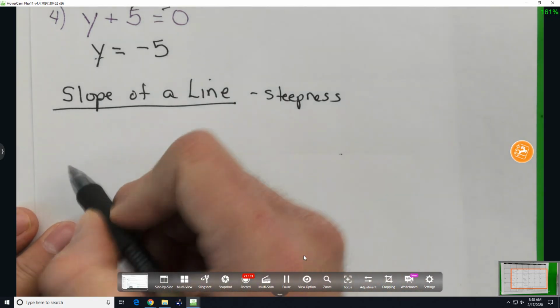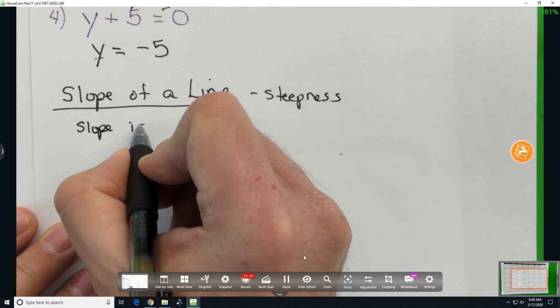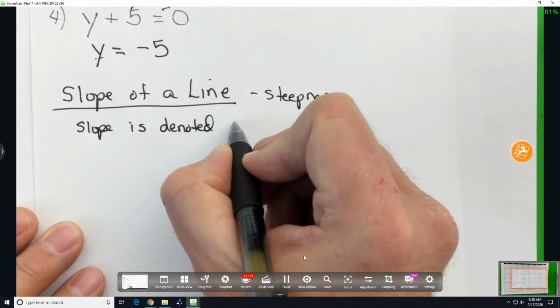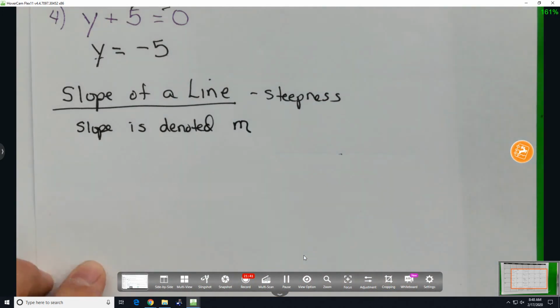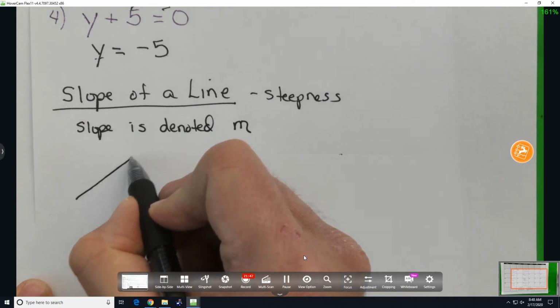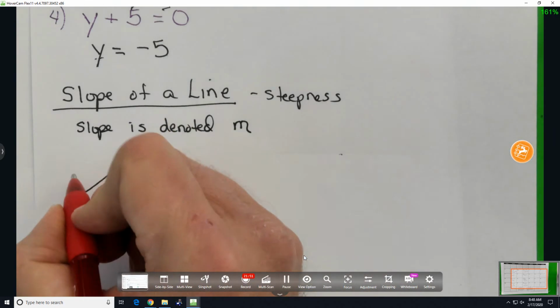Let me give you the abbreviation. Slope is denoted with a lowercase m. If a line slants upward to the right, its slope is positive.